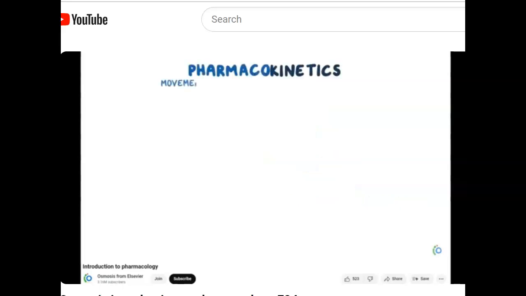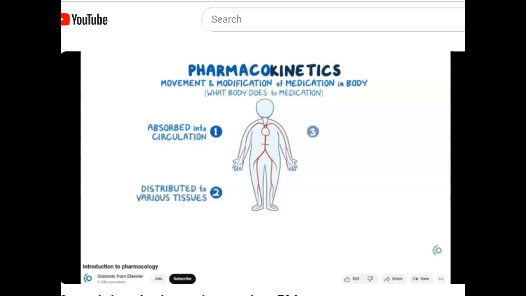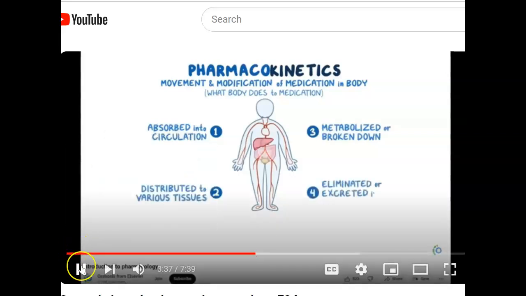Pharmacokinetics refers to the movement and modification of the medication inside the body. In other words, it's what the body does to this medication. So, once the medication gets administered, it first has to be absorbed into the circulation, then distributed to various tissues throughout the body, metabolized or broken down, and finally eliminated or excreted in the urine or feces.